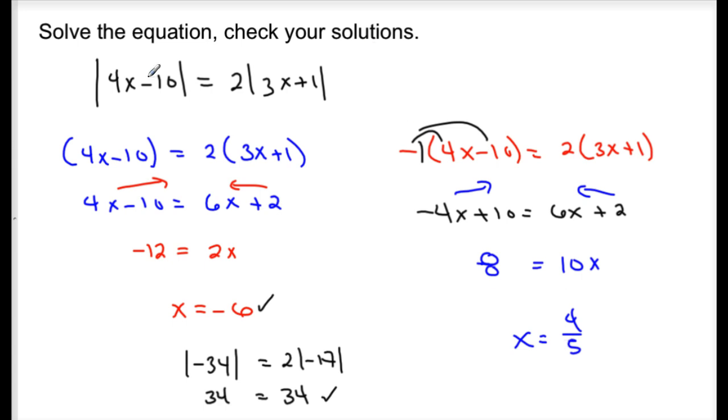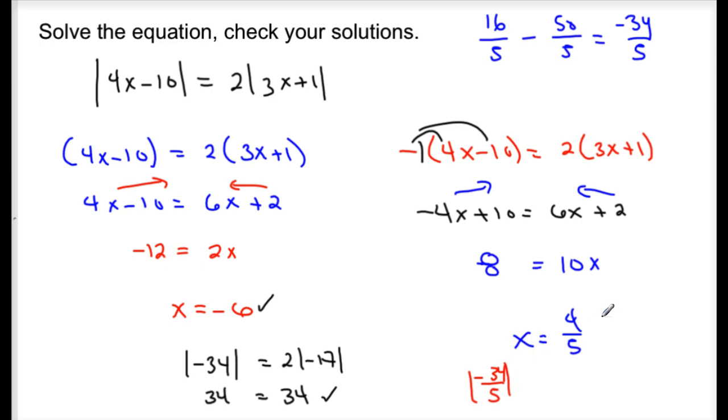4/5. 4 times 4/5 is 16 over 5, minus 10 over 1, or 50 over 5, and you get negative 50 minus 16... 34 over 5 on the left side. So on this one I have negative 34 over 5.